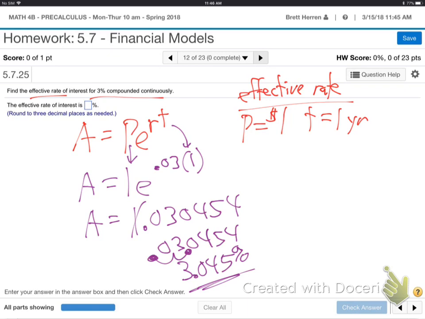That's what will really happen to your money. Every dollar will grow by that amount. Or if you're borrowing money, you'll owe that amount for every dollar. Is that good? Questions on that? We okay? So always remember that effective rate, $1 1 year.